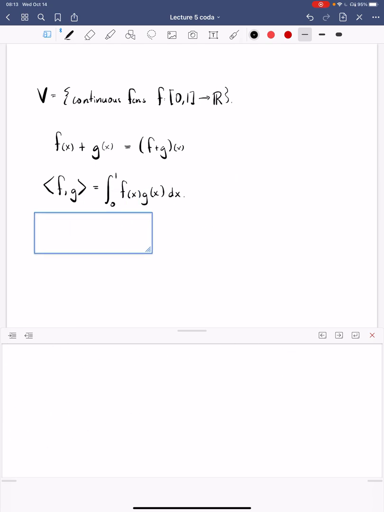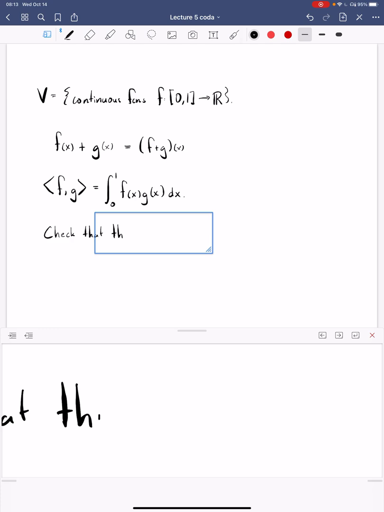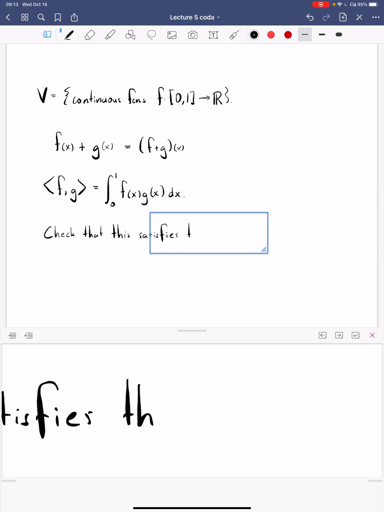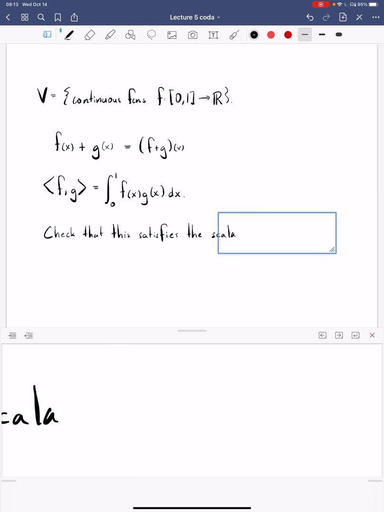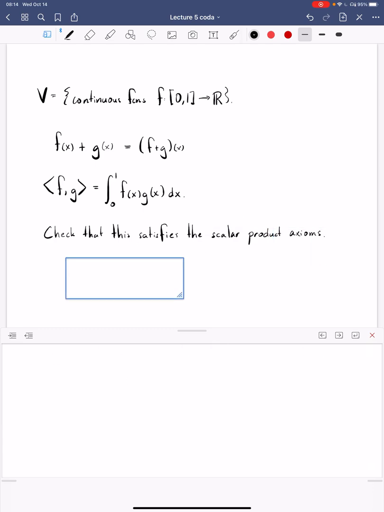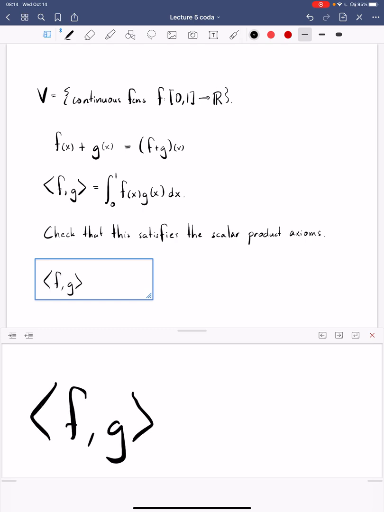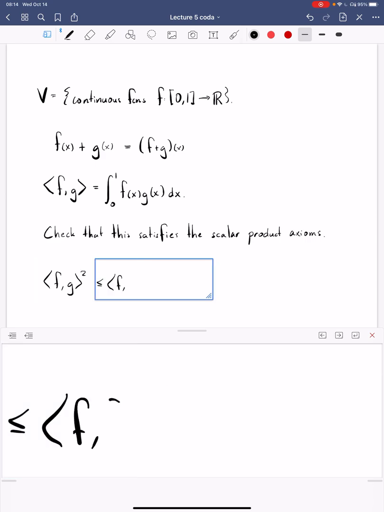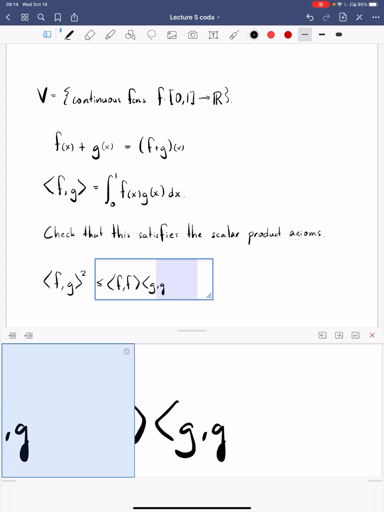You can check, and you should check, that this satisfies the scalar product axioms. And since it does, this means that the Cauchy-Schwarz inequality holds, right? So the scalar product of two functions f and g, squared, is less than or equal to the scalar product of f with f times g with g.